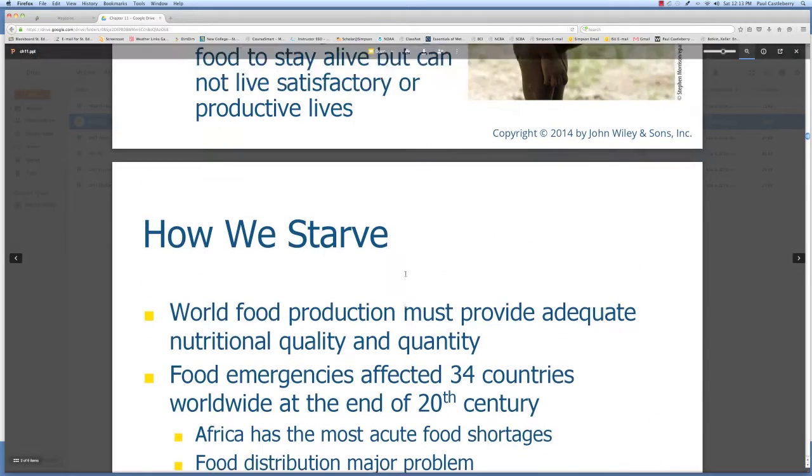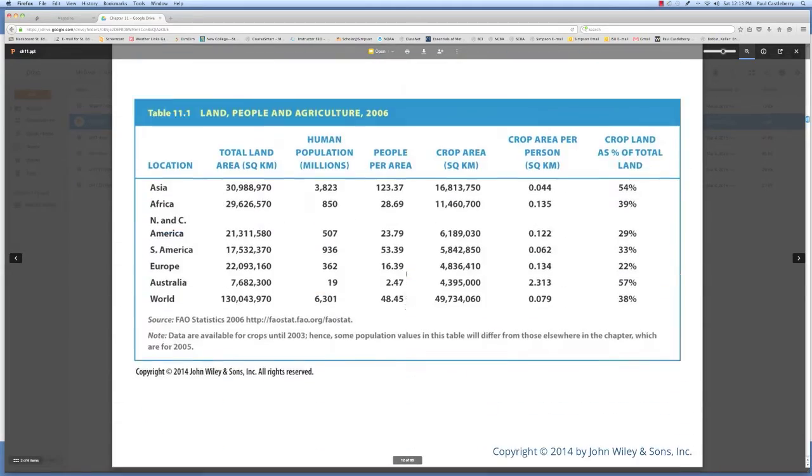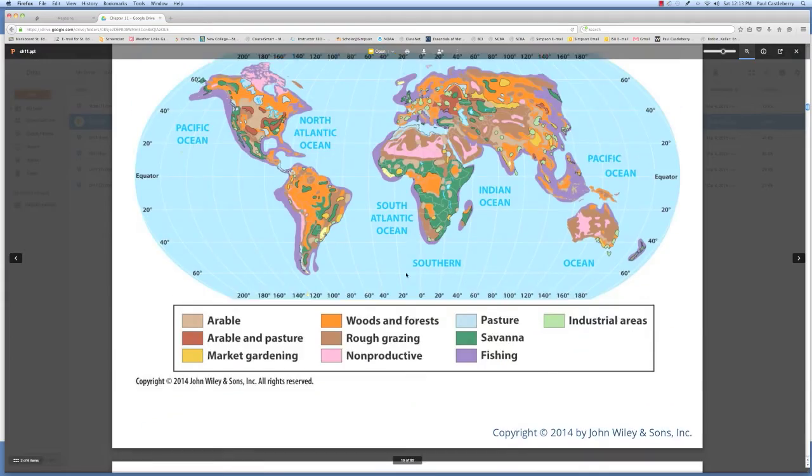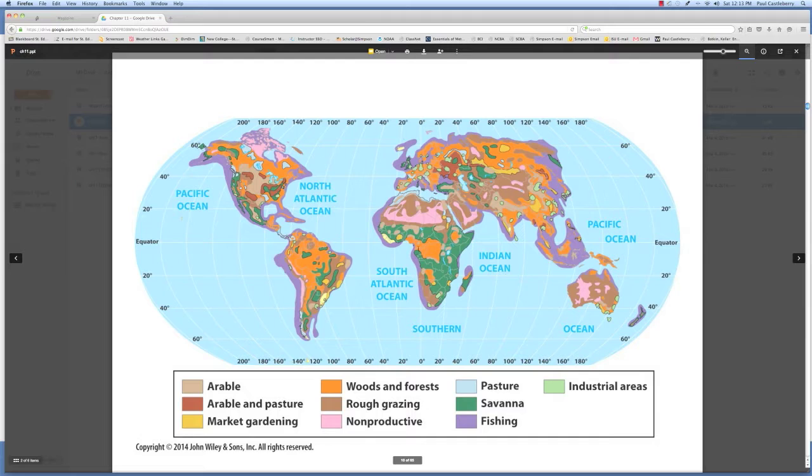But how do we do that when we look back at the continent of Africa? There's not a lot of arable land. But if there is a way that we could help grow some species of crops that could feed in these different areas, like crops that would begin to flourish in the savanna region.